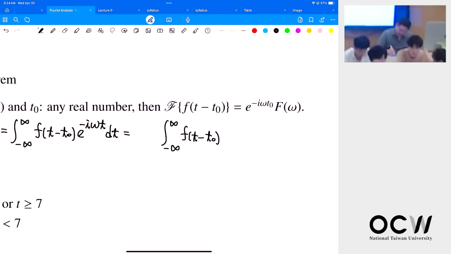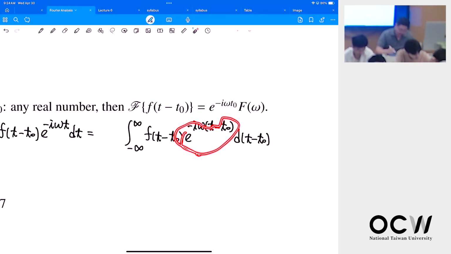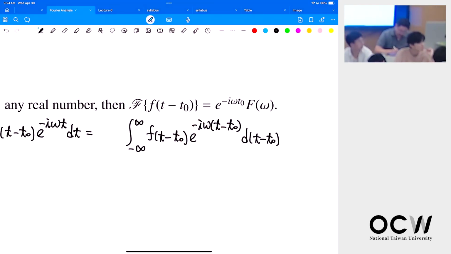Since I have this additional term, I should divide by it to compensate: e to the minus i omega t naught. So they can cancel out. And that's why we have the additional term, the complex exponential.